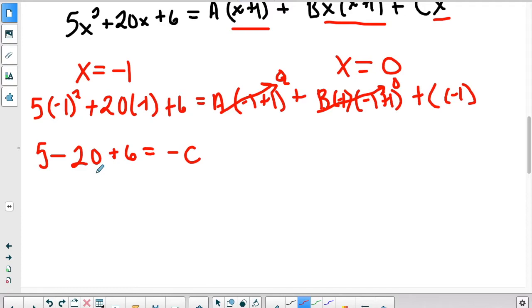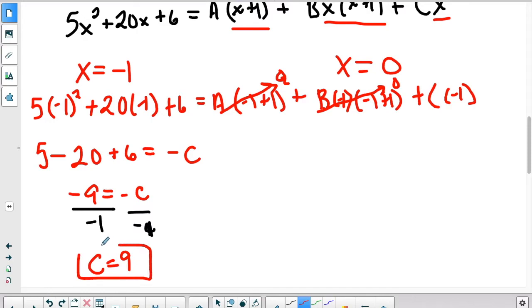You can plug this into a calculator or do it by hand. It doesn't matter which. We will get negative 9 is equal to negative c. And at this point here, we would divide both sides by negative 1. And when we divide both sides by negative 1, I get c is equal to 9.